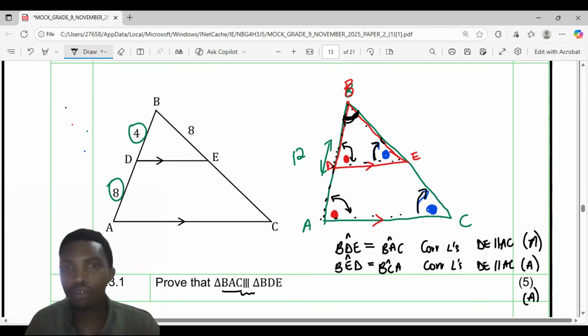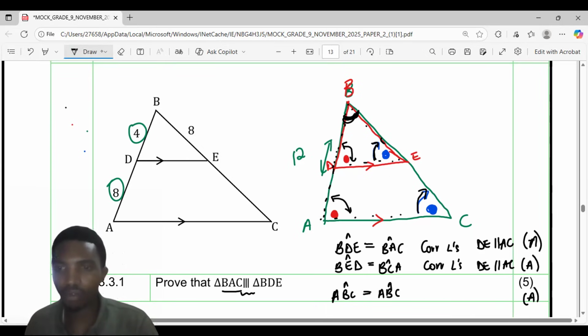That angle is for both the red triangle and the green triangle. It applies to both triangles, meaning it is equal for both. So we can just say angle ABC is equal to angle ABC.